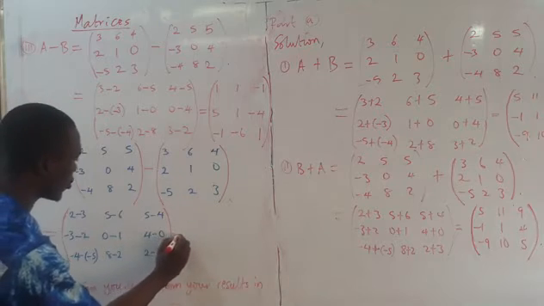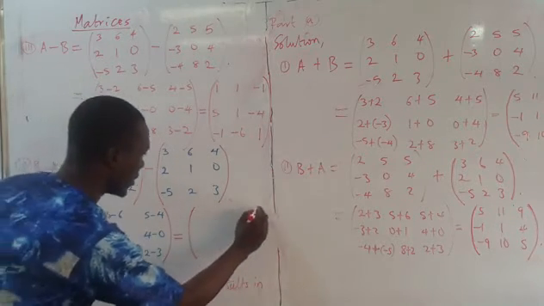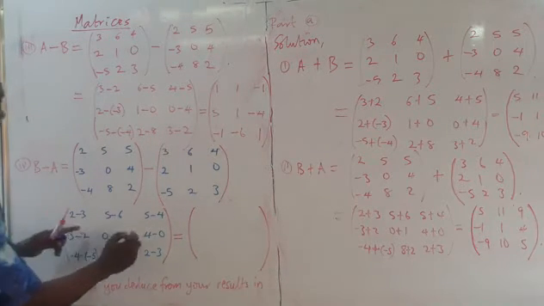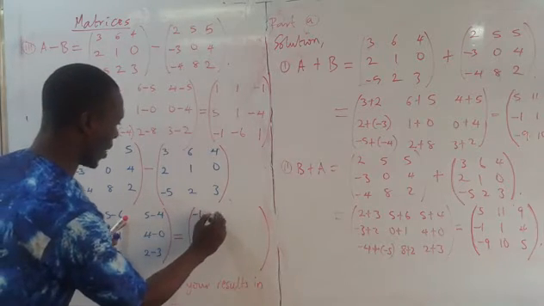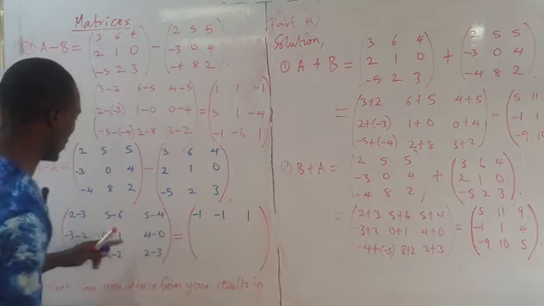So we give rise to our final answer. So we have 2 minus 3, that is minus 1. 5 minus 6, minus 1. 5 minus 4, 1.